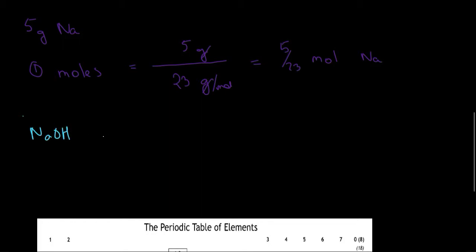So the way we're going to figure out the molar mass of sodium hydroxide is I'm going to find out the molar mass of sodium, then I'm going to add the molar mass of oxygen, then I'm going to add the molar mass of hydrogen to it. That's the molar mass of the whole molecule of sodium hydroxide.